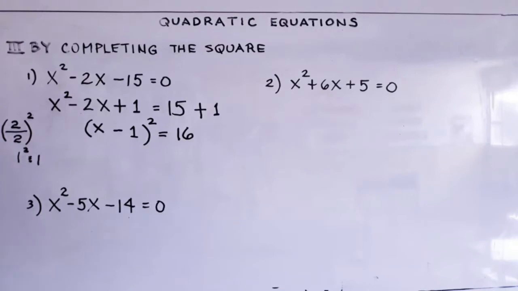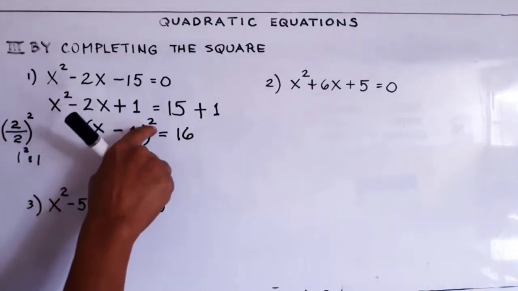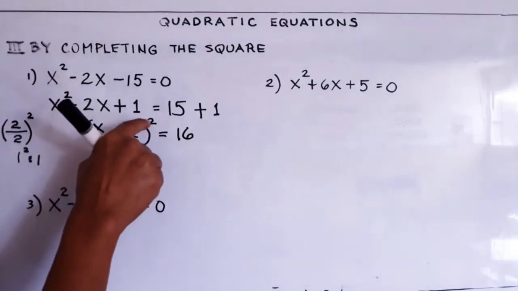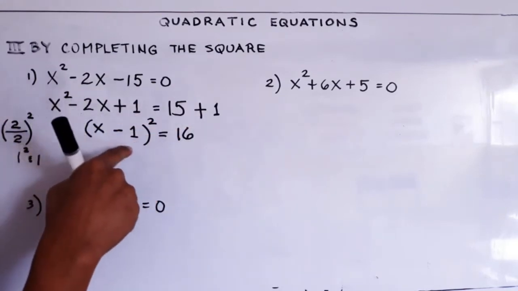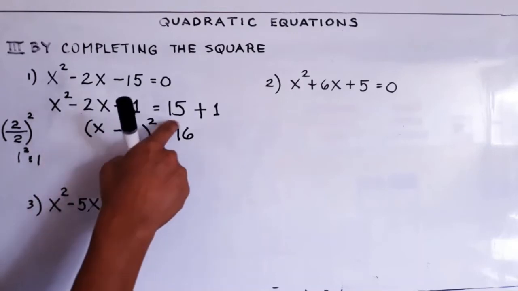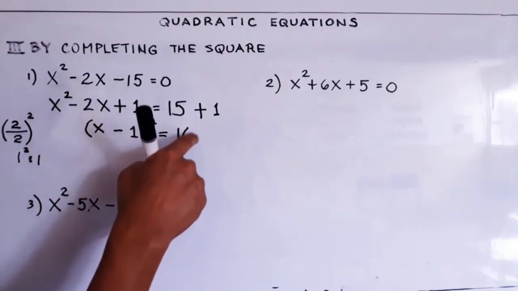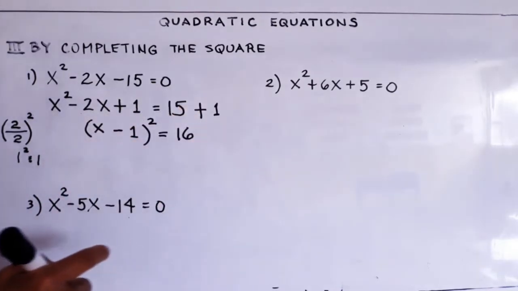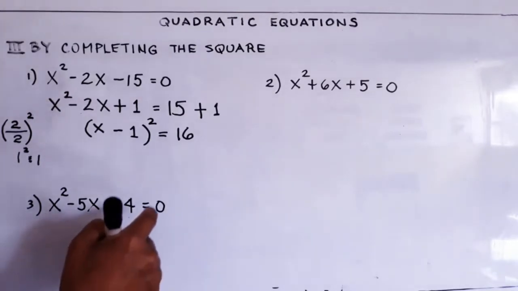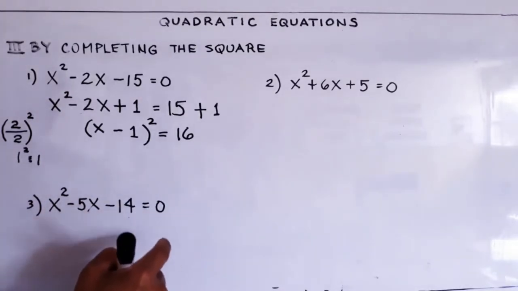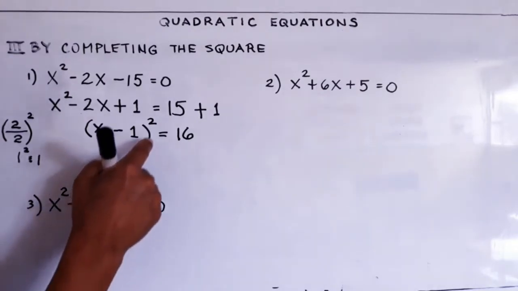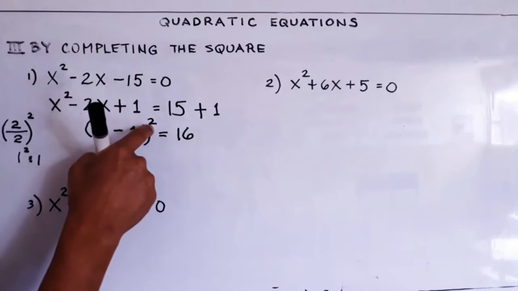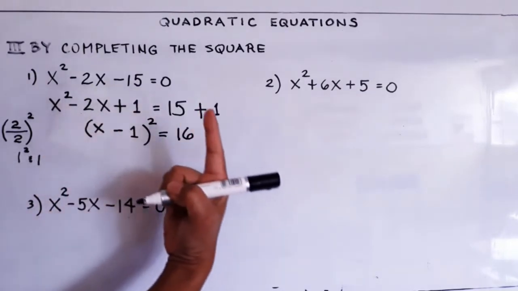What's the next step? To remove the 2 and place that on the other side, we raise this to the 1/2 exponent. We raise also 16 to the 1/2 exponent. Another form for exponent 1/2 is square root. So if you raise this to the 1/2, 2 times 1/2 will become 1.